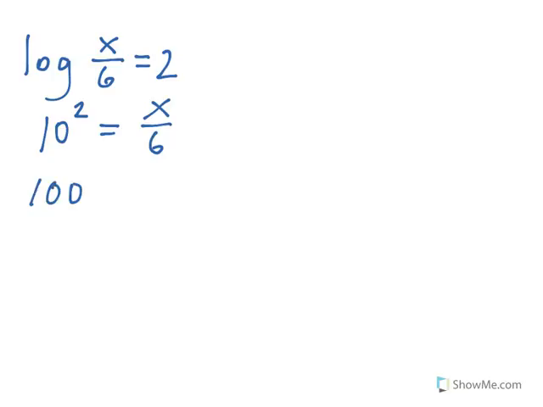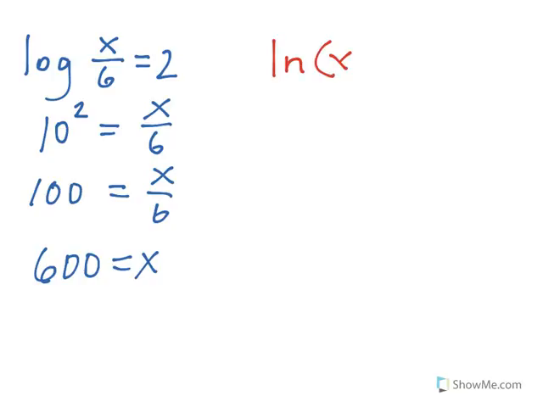10 squared equals 100. And if 100 equals x over 6, then I think 600 equals x. The other example I had going was natural log of the group x minus 5 equals 2. So again, we've switched to exponential format. We've got e squared equals x minus 5.